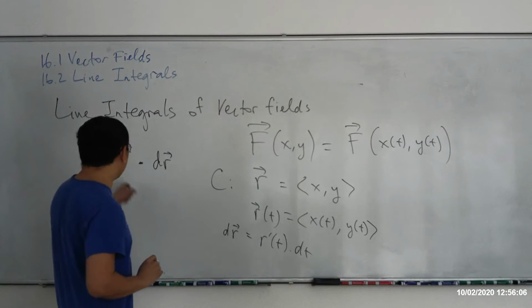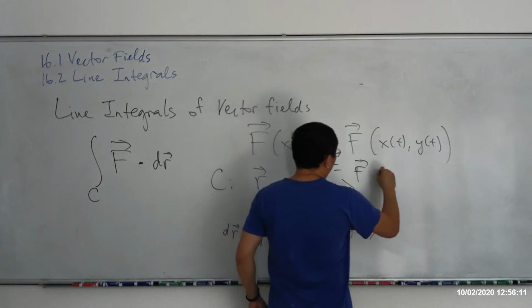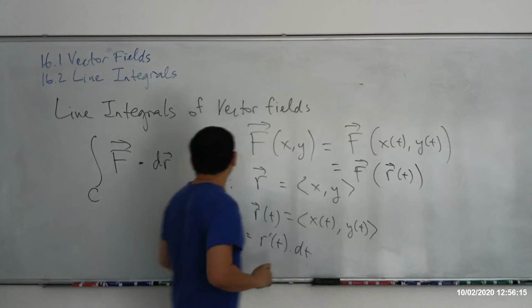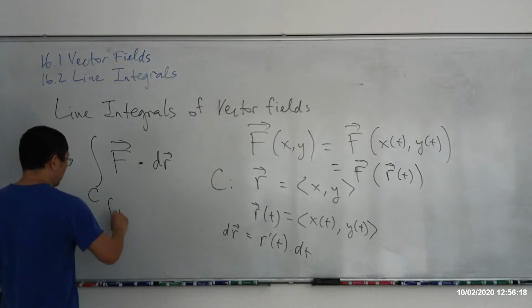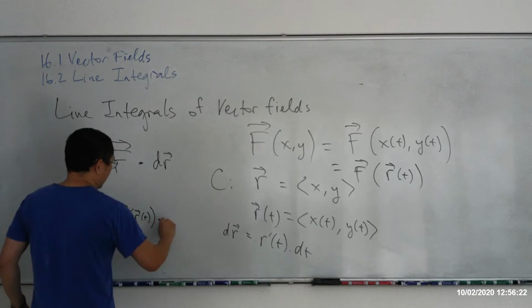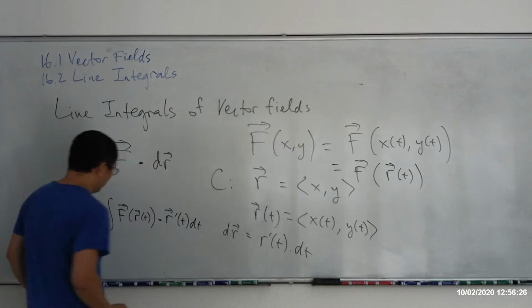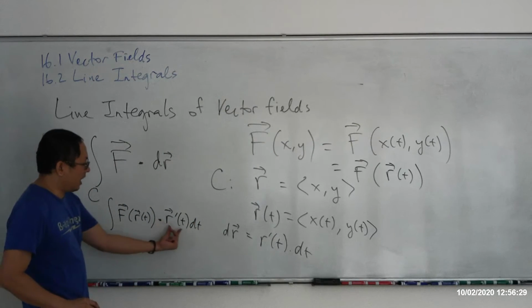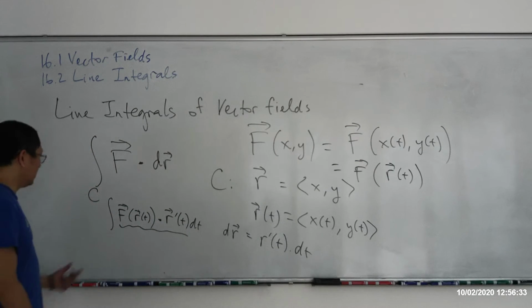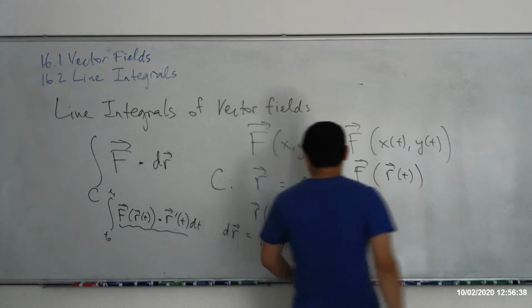You have F of r of t, you take the dot product with r prime of t, times dt, and t runs from, say, t0 to t1, and you have the integral to calculate.